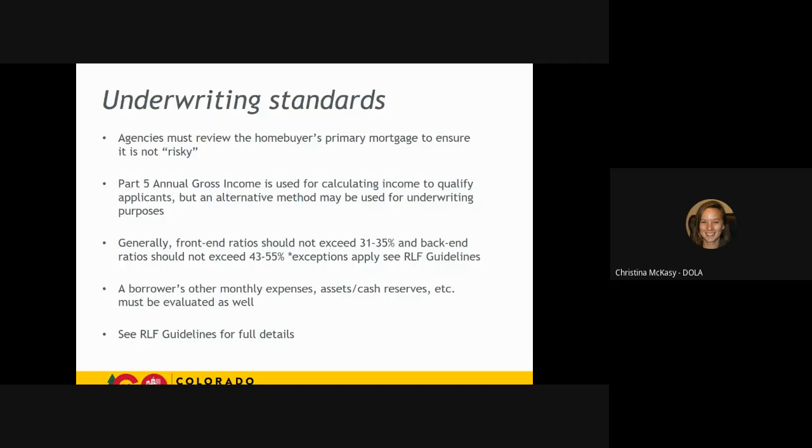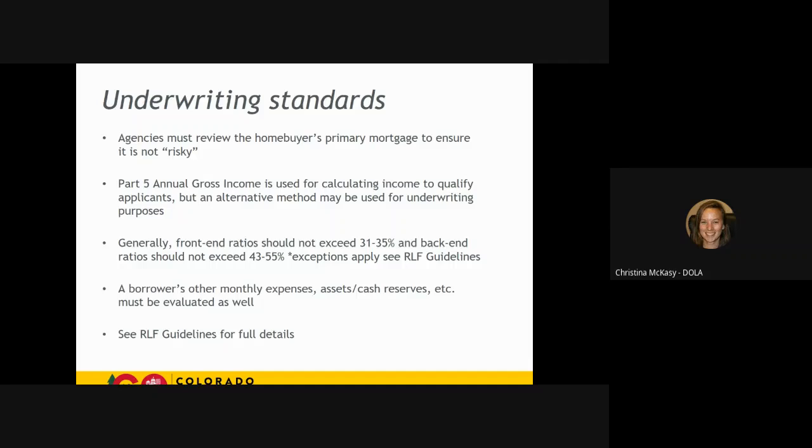The first one is you have to evaluate the primary mortgage of the home buyer just to make sure it's not a risky loan, that they're not getting some predatory loan and going into foreclosure, and our down payment assistance loan is going to be lost. So we want to make sure that the home buyer is getting into a situation where they will succeed in homeownership as much as possible.